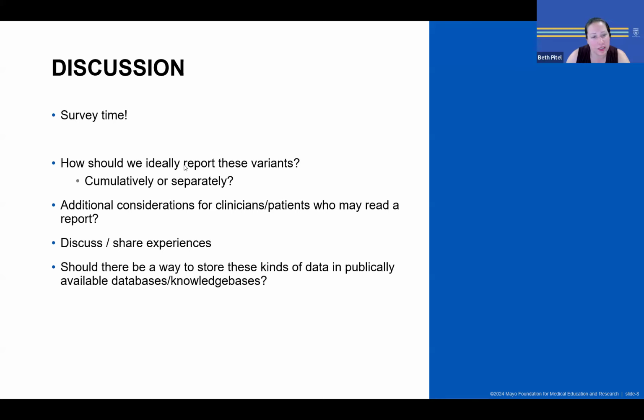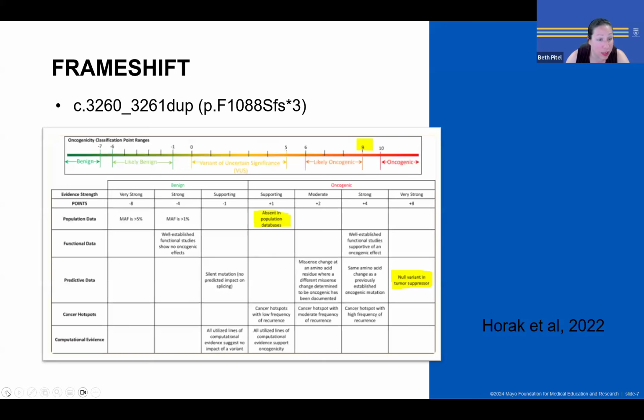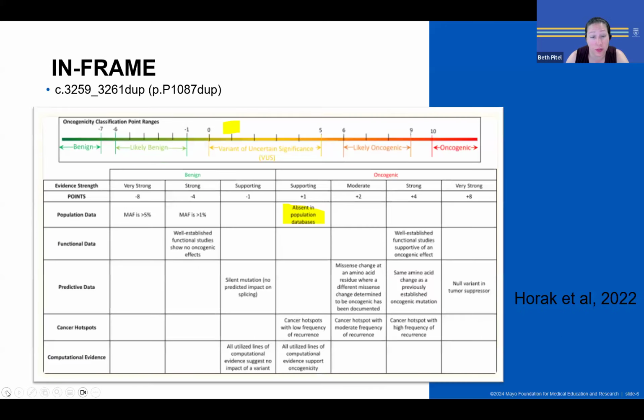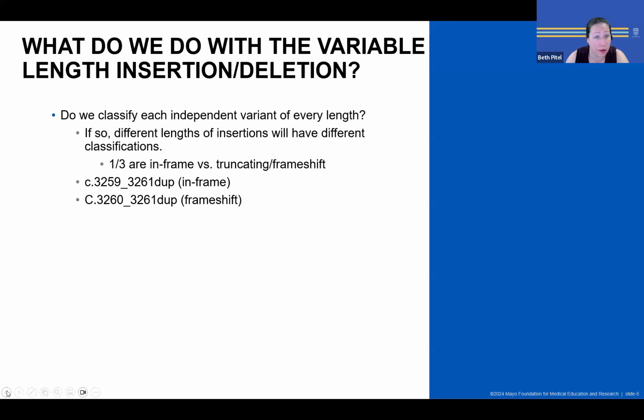Yeah, and this is MSH6, but we have seen these in MSH2 as well in our lab. There are one or two areas of MSH2 where we've seen the same kind of thing repeatedly in MSI-high cases. It's very rare to see this, but we've seen these variants.